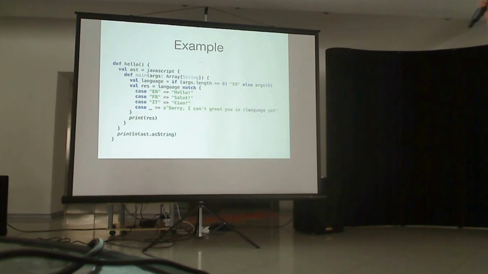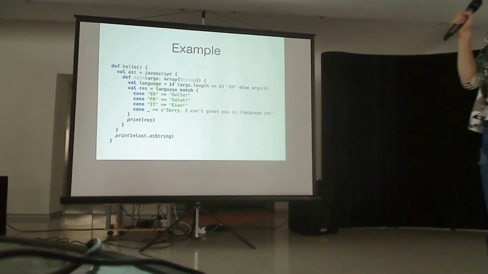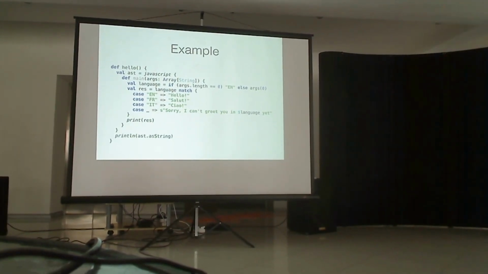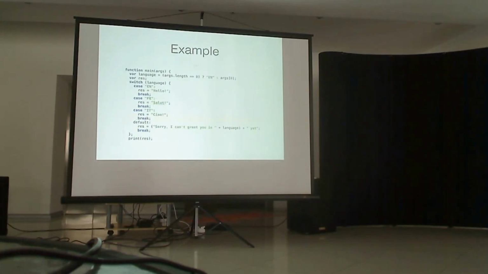This is actually a JScala macro, which takes a block of code and tries to convert it into a JavaScript AST. If we print this using the toString method, we'll get this JavaScript, which is quite straightforward.